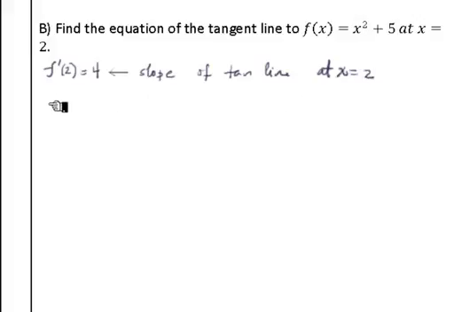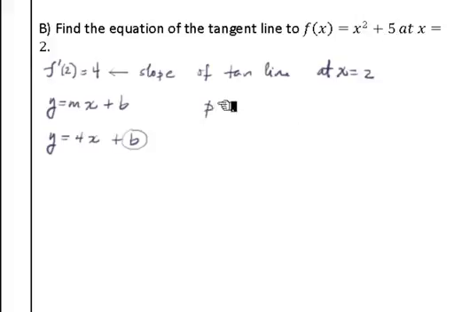So if we use the formula y equal mx plus b for the equation of a line, we have y is equal to 4x plus b. And we have to figure out what b is. We'll substitute in a point on the tangent line, which is going to be the point where the tangent line touches the curve. So we use that x value, x equal 2, and to find the y value, substitute in here.